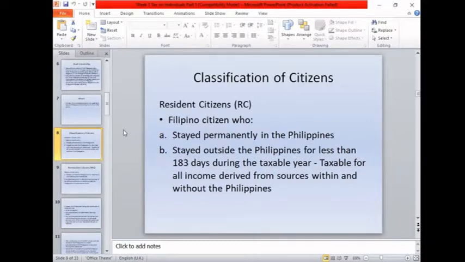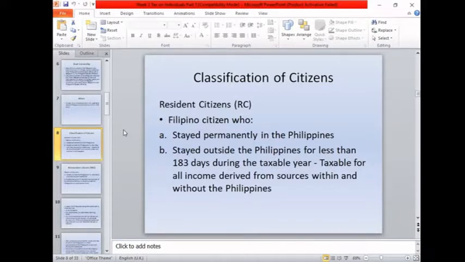But take note, under our Philippine tax regulation or tax law, if the taxpayer is a resident citizen, for whatever income he or she has within the Philippines and outside the Philippines or abroad, that is subject to Philippine tax. Okay, so if it is subject to Philippine tax, therefore their income in the Philippines and outside the Philippines are subject to Philippine tax or taxable income.